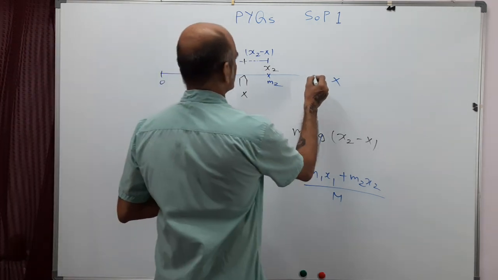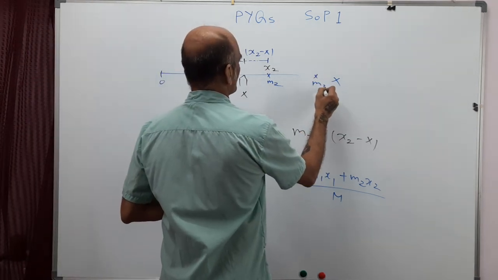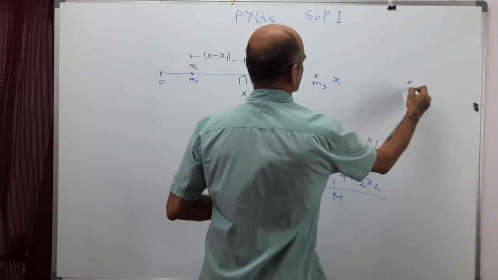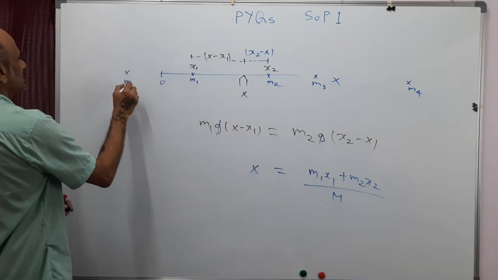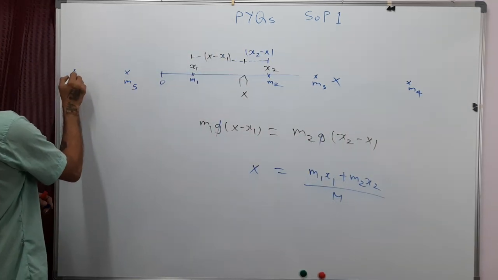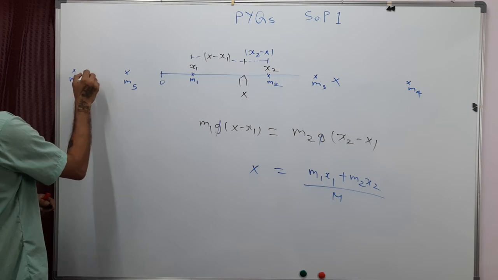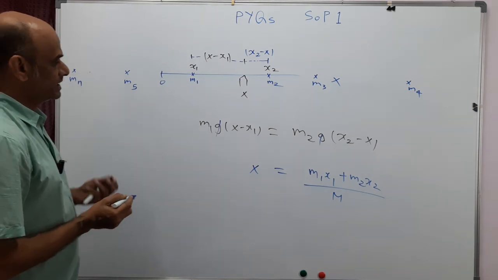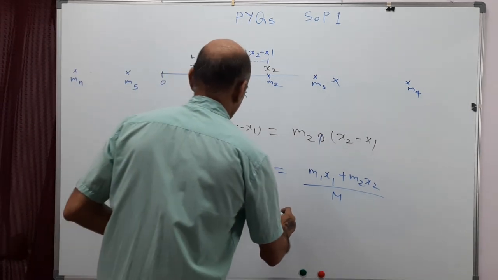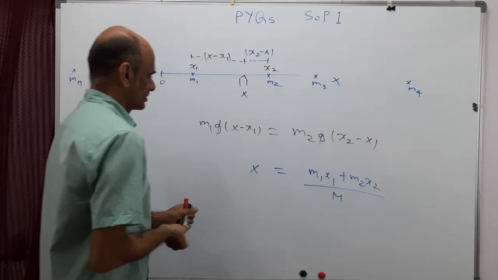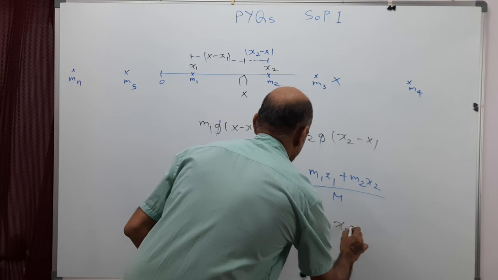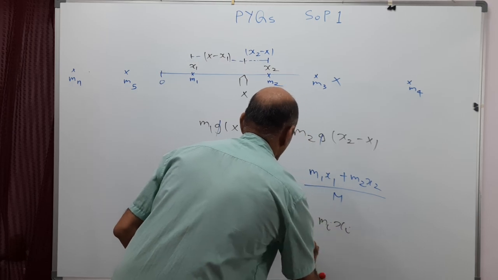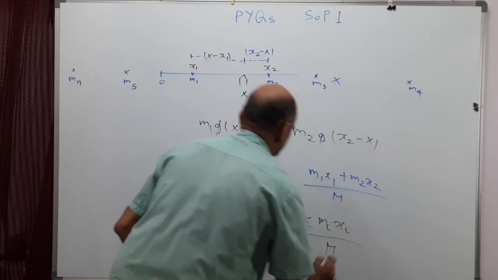The third mass can be here, m3, m4 can be here. It can be on the negative side also. Anywhere on the x-axis, you can place the masses, up to the nth mass. So for n point masses, the center of mass is given as the summation of individual xi's with the weightage of mass by the total mass.